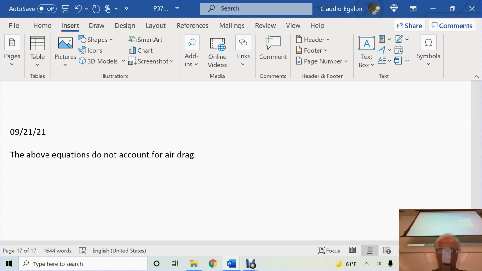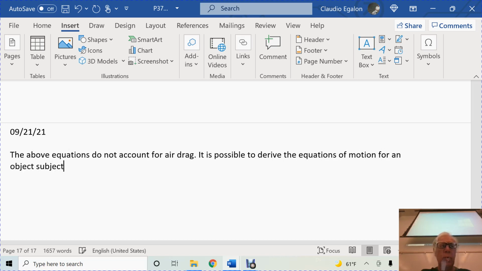It is possible to derive the equation of motion for an object subjected to air drag, but the final result is very messy, and the derivation as well.